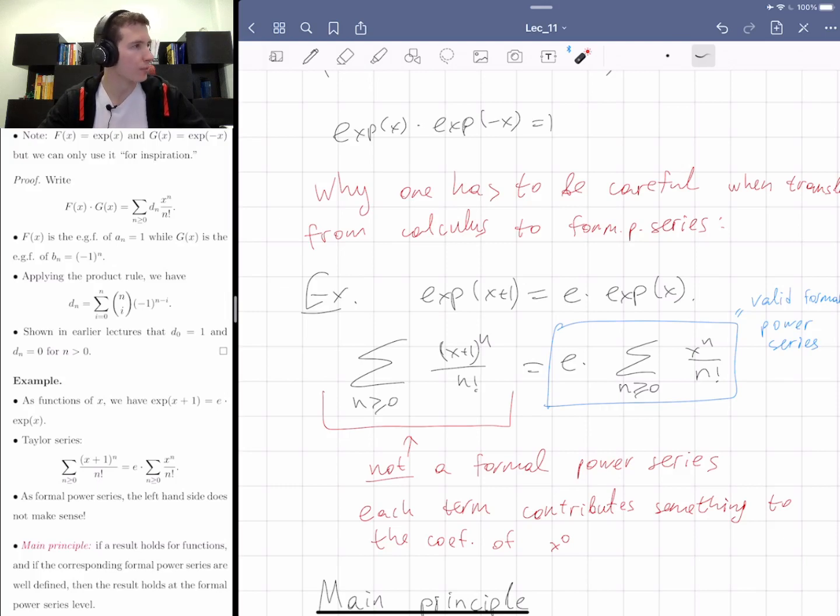What I'm saying is that if all objects are defined as formal power series, then you get a statement about formal power series which is correct. If some of the objects are not well defined as formal power series, then you get a non-statement.